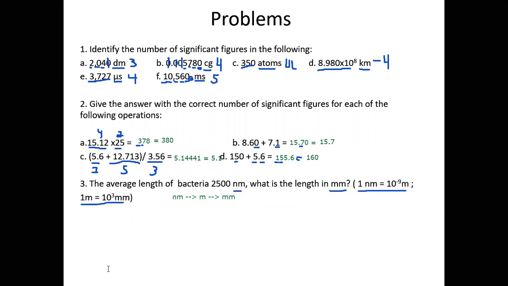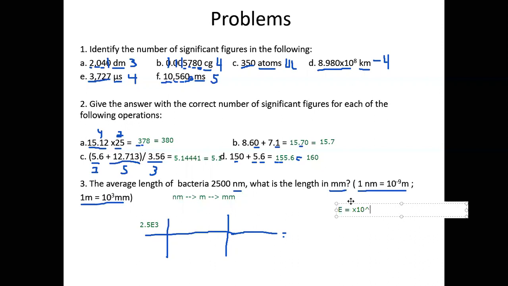So now we need to draw our train track. So again, we're starting with 2,500. I'm going to write this in scientific notation, so 2.5. And if you don't mind, I'm going to use E instead of writing times 10. This is E to the third. So again, the capital E just replaces the times 10.